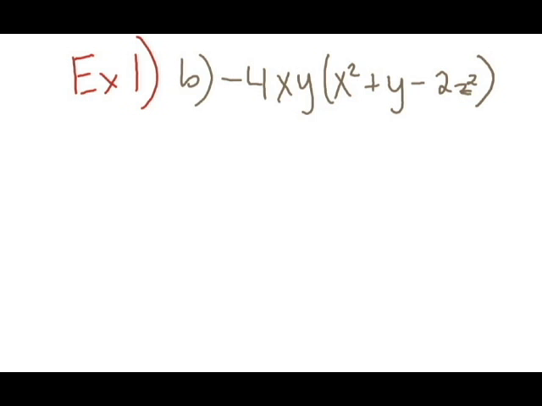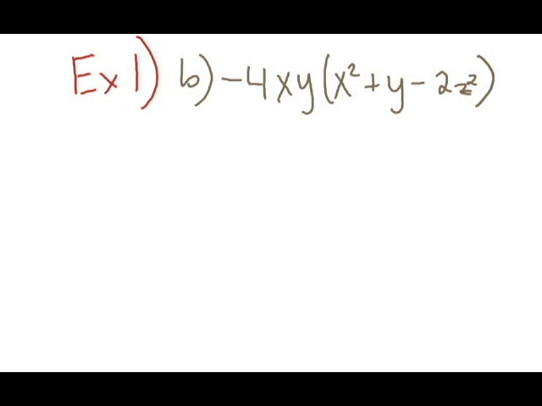Let's look at example 1b. Negative 4xy times x squared plus y minus 2z squared. Because my parentheses has 3 different terms, that means we multiply what's on the outside of the parentheses 3 different times.